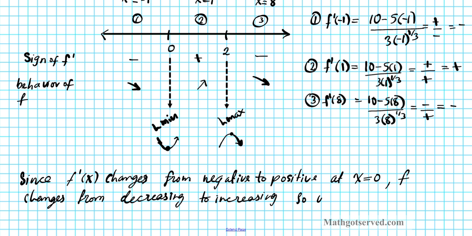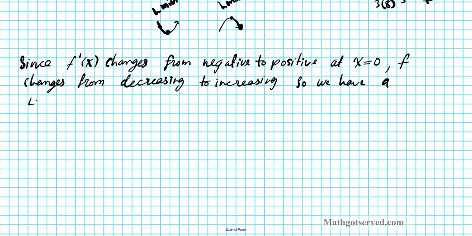So we have a local what? A local minimum. We have a local minimum at x equals 0.